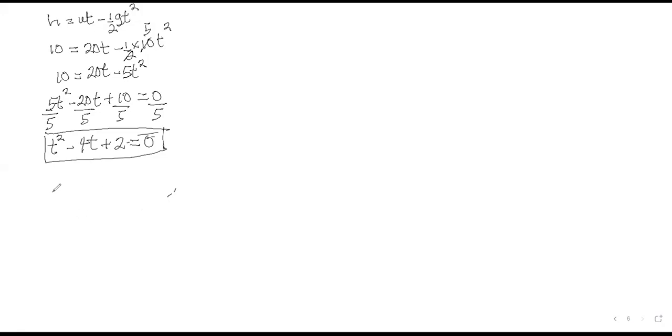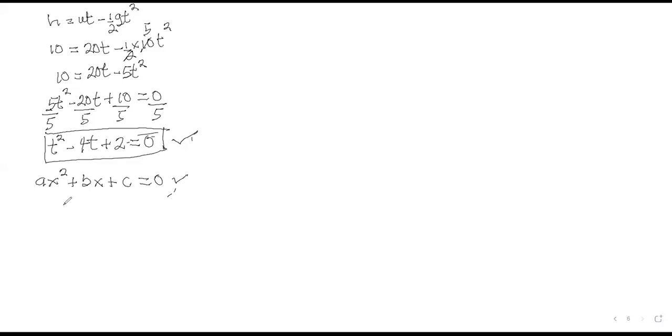The almighty quadratic equation is taken from the general quadratic equation formula, which is ax squared plus bx plus c is equal to 0. I'm comparing this equation in the rectangular block to this.